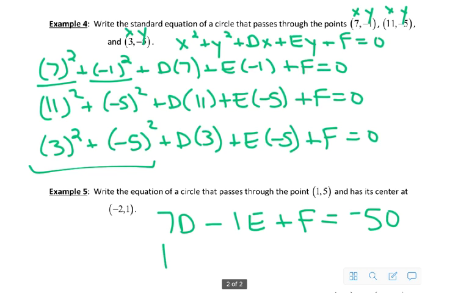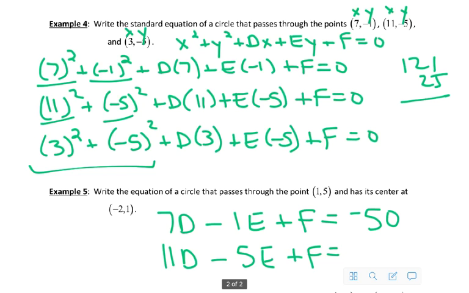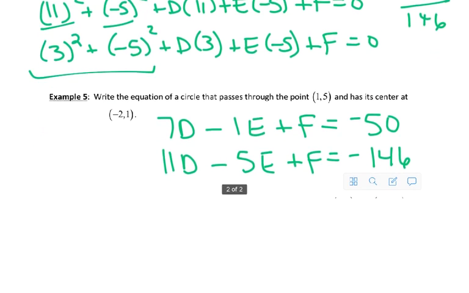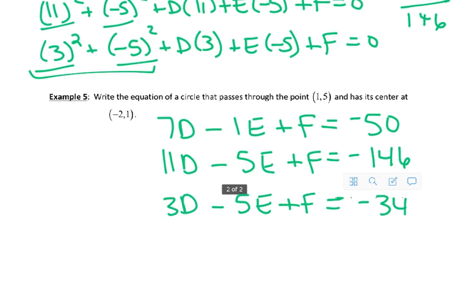The second equation is going to be 11d minus 5e plus f equals 121 plus 25 is 146. When I move it to the other side, it becomes negative 146. The third equation is going to be 3d minus 5e plus f is equal to 9 plus 25. It's 34, but when I move it to the other side, it becomes negative 34.